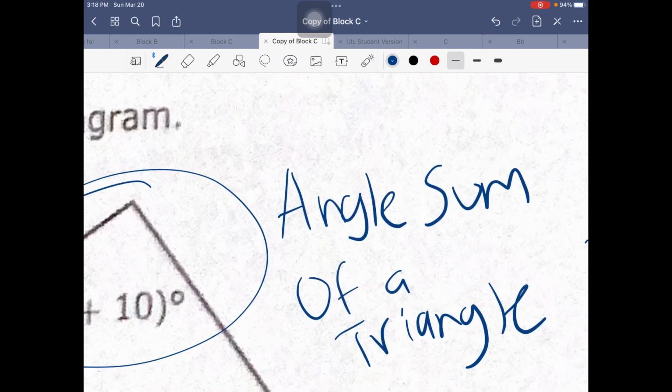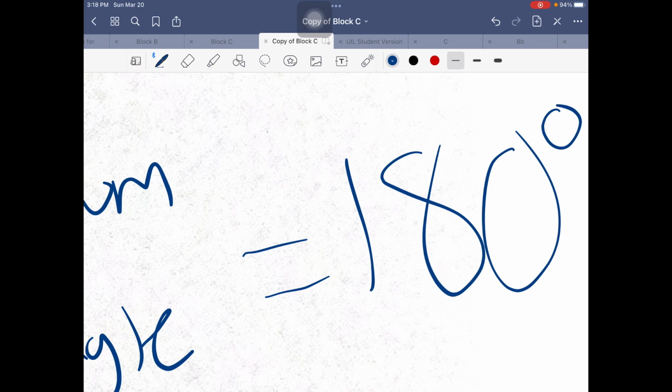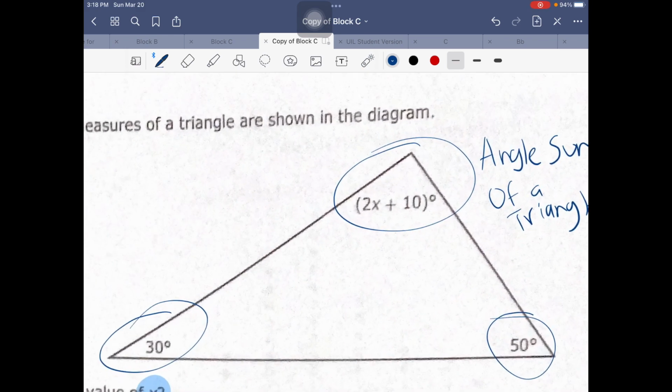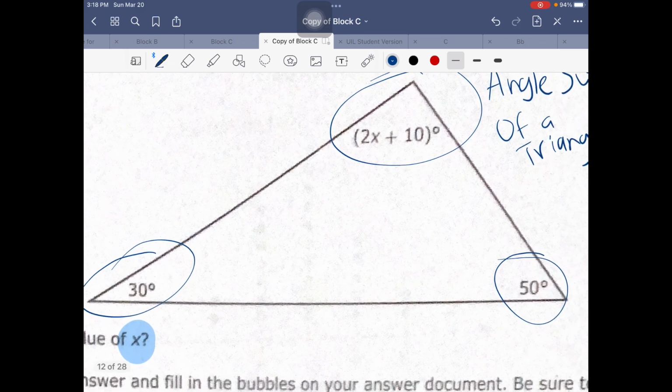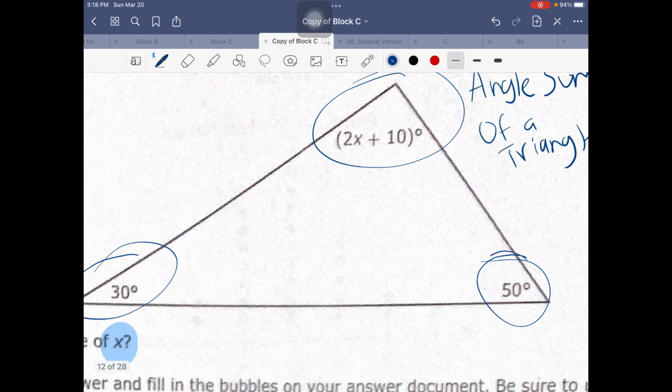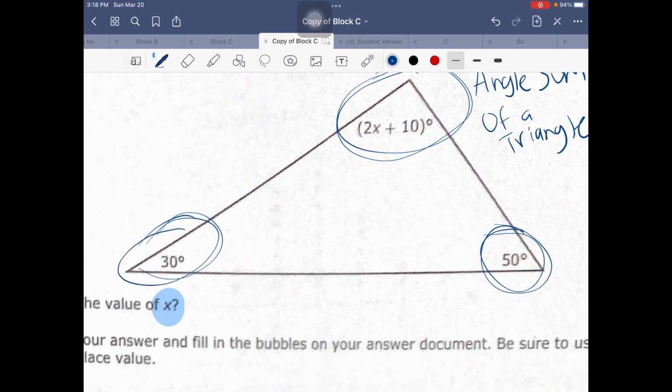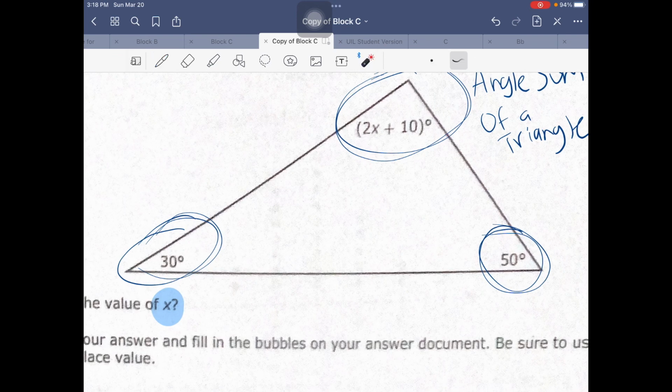A triangle always adds up to 180 degrees for its angles. So that means these three angles will equal 180. We have two of them already. We have 30, we have 50, and we have 2x plus 10.